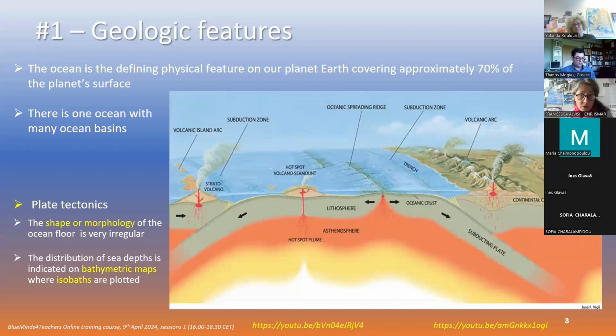You can introduce it at school in different ways, depending on the level of the teachers or the pupils. This is one of the many schemes you can find online, a very summarized scheme of the whole system, showing how the plates are behaving one against each other, and that determines the way the seafloor is made.